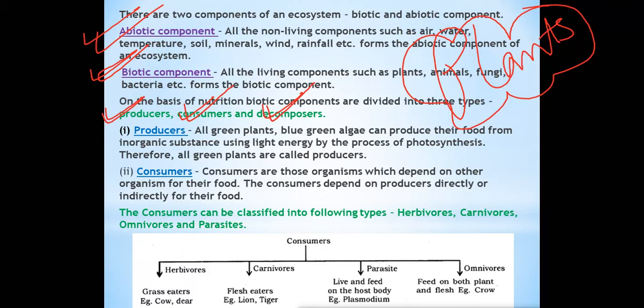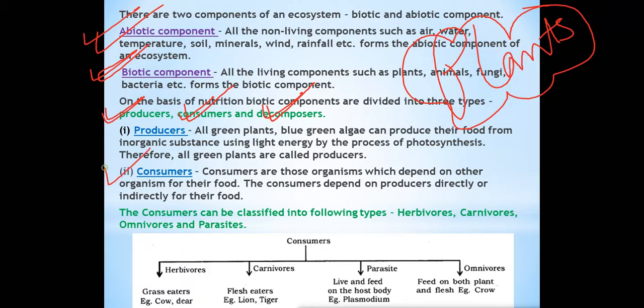So one question can come over there: why are green plants called producers or autotrophs? Green plants are called producers or autotrophs because they can make their own food by the process of photosynthesis using carbon dioxide, sunlight, chlorophyll and water. Right?